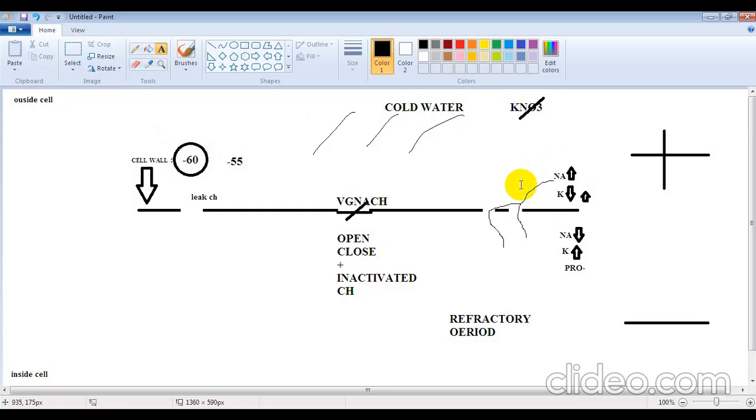The mechanical channel opens, the sodium enters the cells, and we reach minus 55. But when the sodium wants to enter through the voltage gated sodium channel, the channel is now inactivated. It's not just closed, it's inactivated. Why is it inactivated? Because it's in the refractory period.